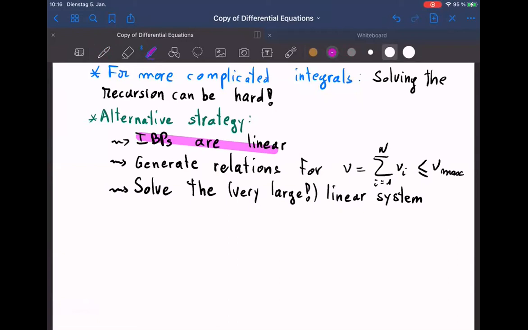In principle, you would need to sample this infinite dimensional lattice, but you cut off when the sum of the absolute values of these exponents is less than a certain maximal value. If you cut them off, you get a finite-sized, very large, but finite-sized linear system, which you can solve by Gauss elimination, for example.